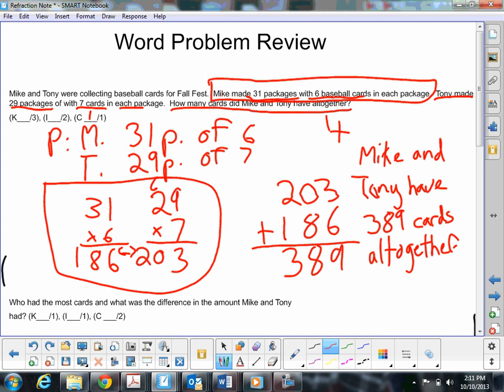If you find that Mike has 31 packages with 6 in each, and Tony has 29 packages with 7 in each, then that is showing the inquiry. You would get 2 there, okay, which we have done. For the knowledge, you need to have this part right here, this here, and this here. If you have all those 3, you would get 3 correct right there, and that would be a perfect question.